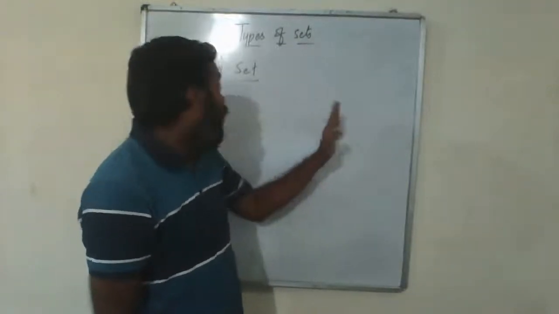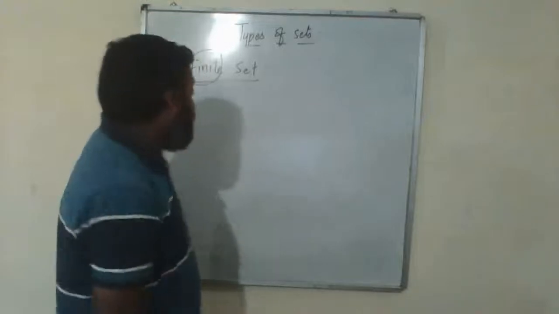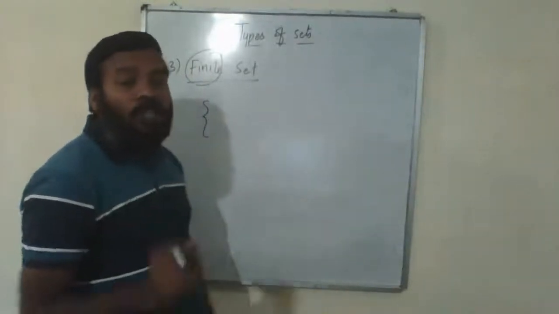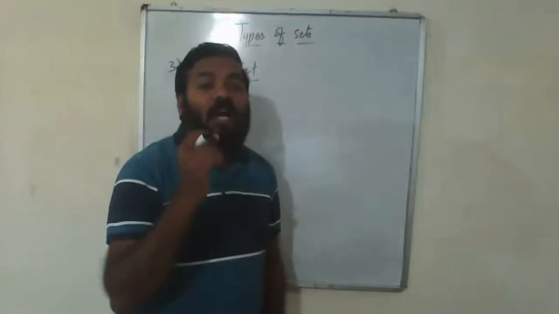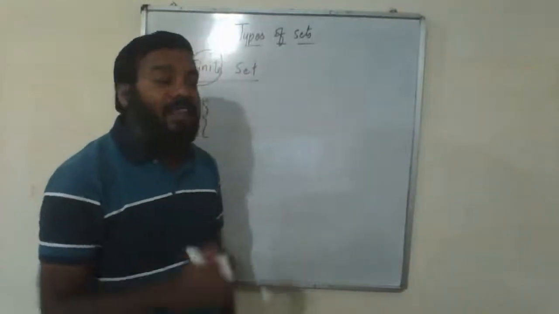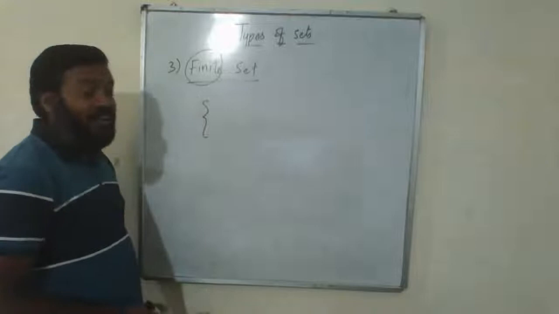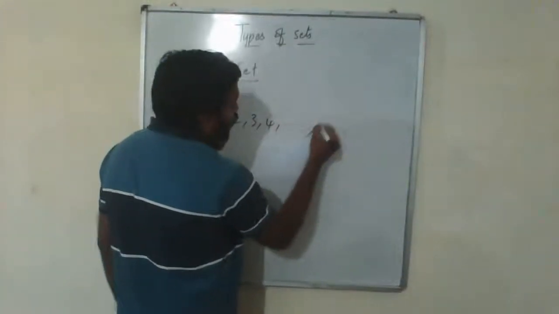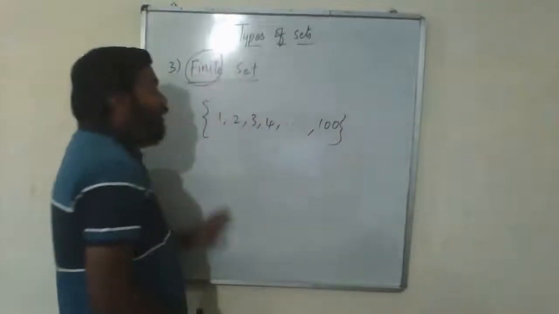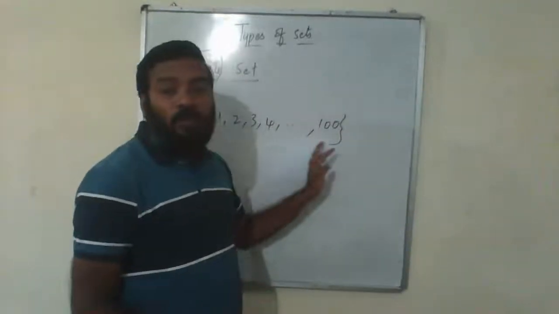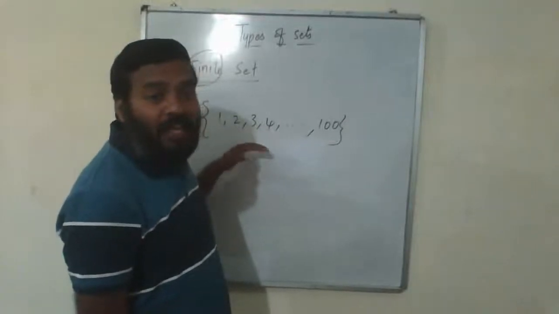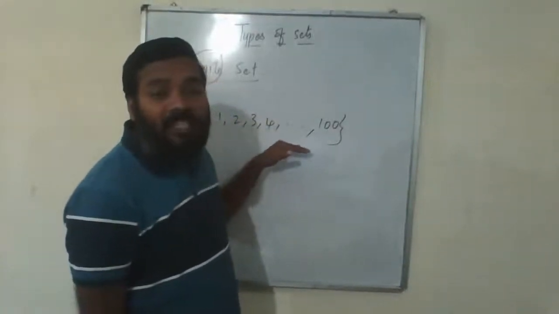That means if you are writing a set and you have a countable number of elements, then that type of set is known as a finite set. Let us say 1, 2, 3, 4, and so on, the natural numbers up to 100. Then we have 100 elements in it. That means we can count the number of elements in this set.